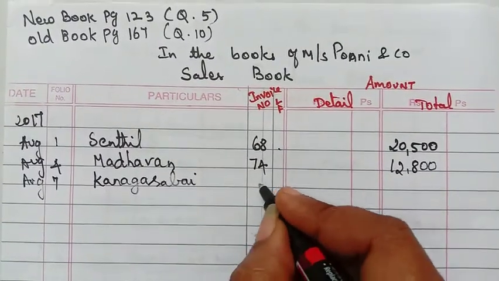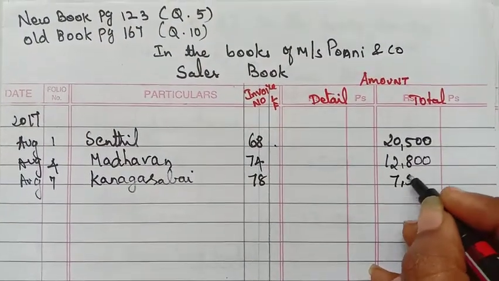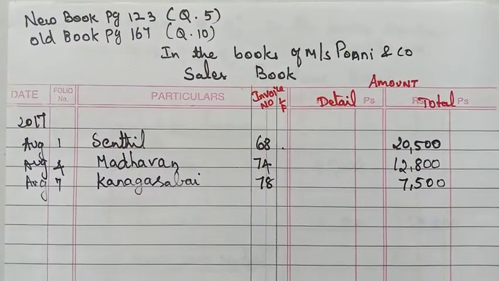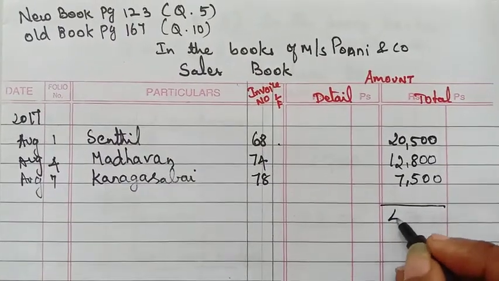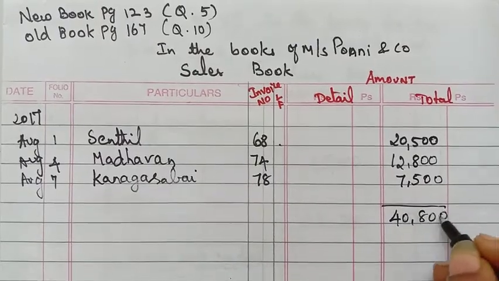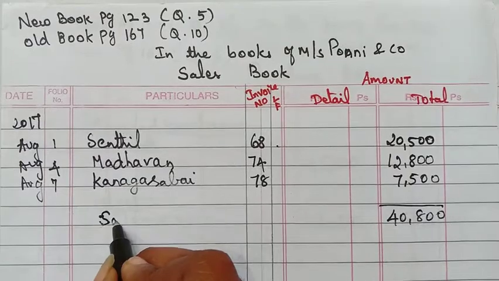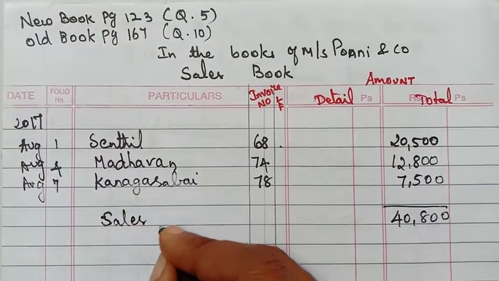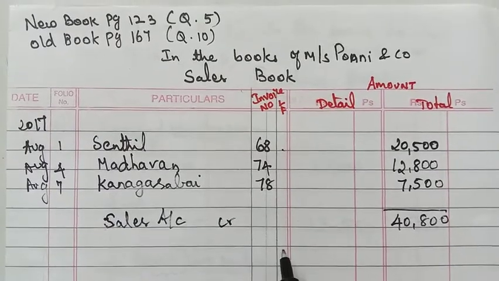His invoice number is 78 and the amount is 7,500. So if you add all this, the amount will come to 40,800. So here in the total you write sales account, creditor. That's all.